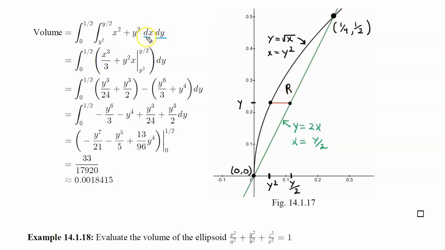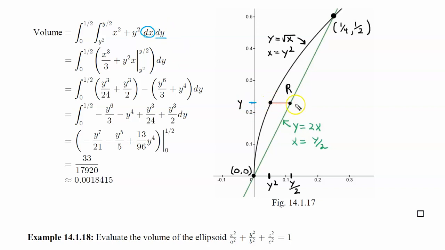So now we want to integrate with respect to x first. So we look at our diagram over here, and now we think of the y as being fixed. That's our outer integral. That's what we're integrating with respect to last. So we think of the y as being held fixed.